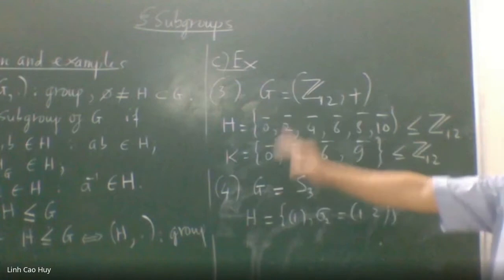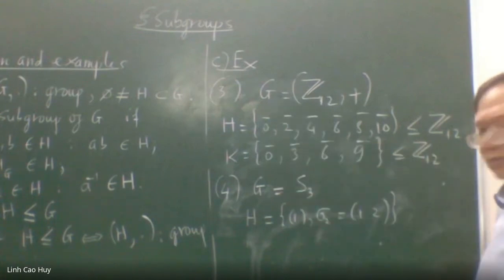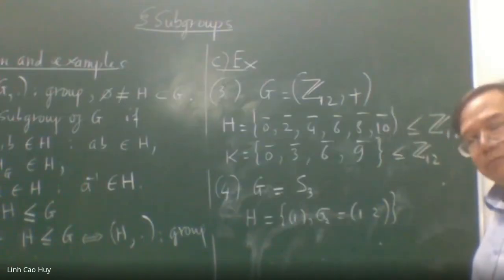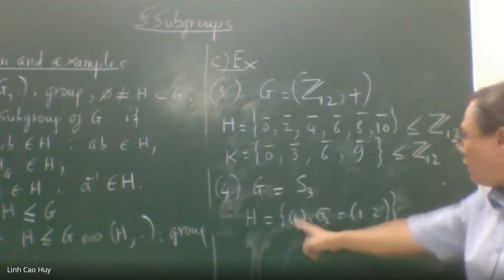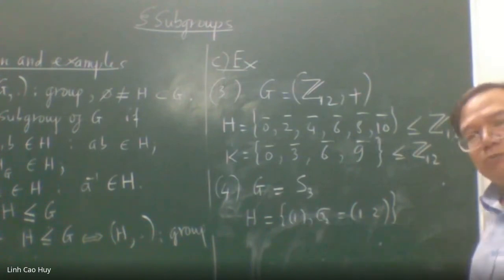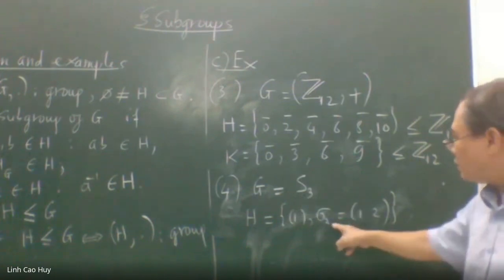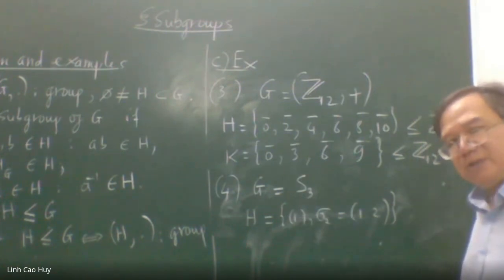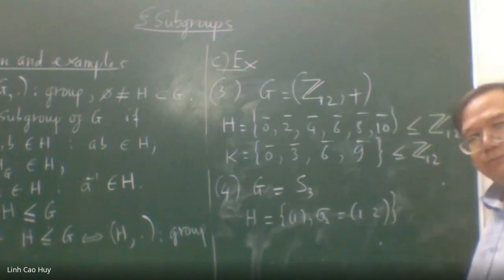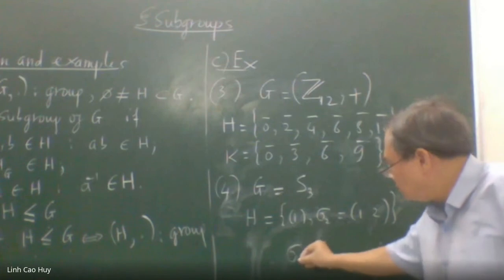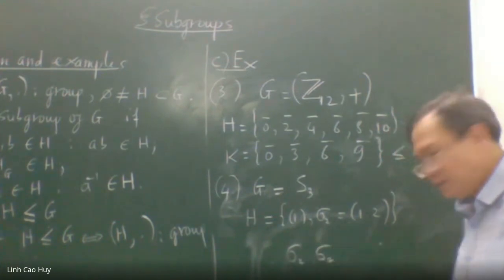The first one, that means it satisfies the first condition. Because 1 times 1 equals 1. 1 times sigma 2 equals sigma 2, belongs to H. Sigma 2 times 1 equals sigma 2, also belongs to H. And now, sigma 2 times sigma 2 equals what? 1.